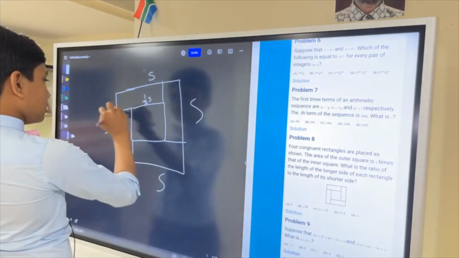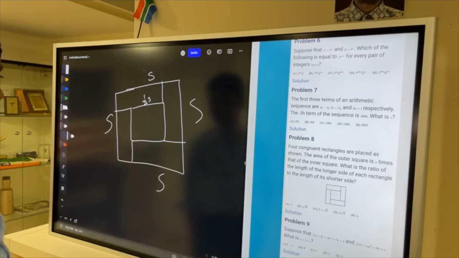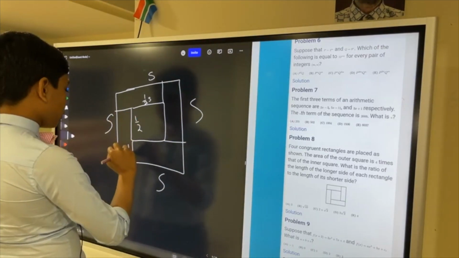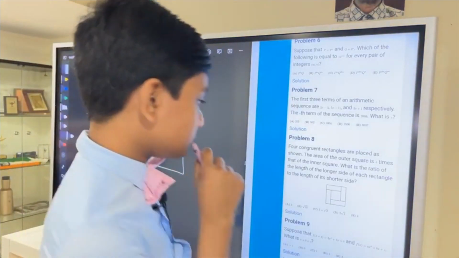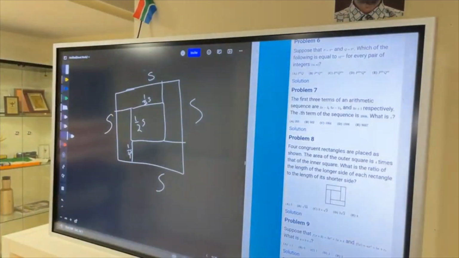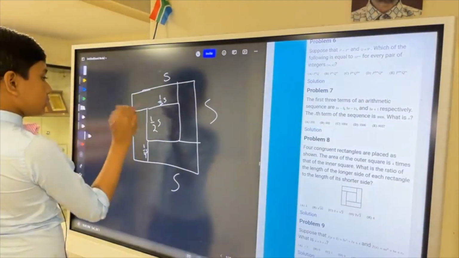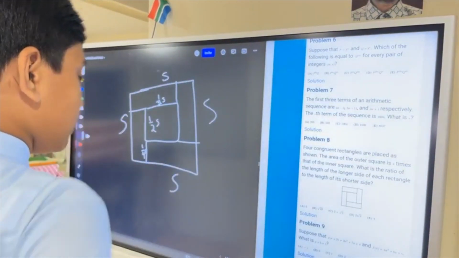I think, yeah, it looks like that. So then, what do we have here? Well, we have half S, fourth S. What is the ratio of the longer side to its shorter side? So this is 3/4, and this is 1/4. So longer to shorter should be 3, which is A.